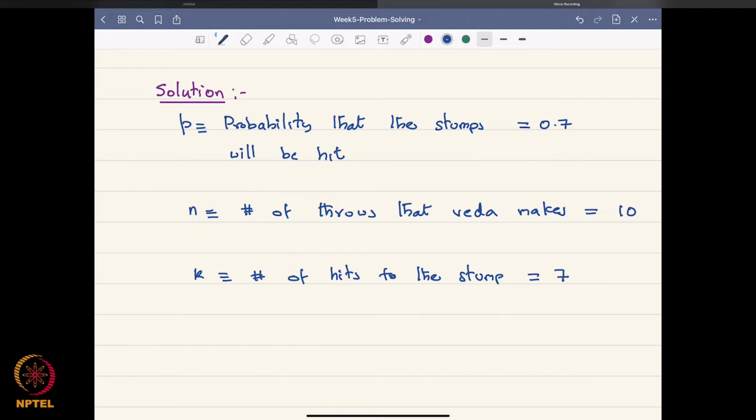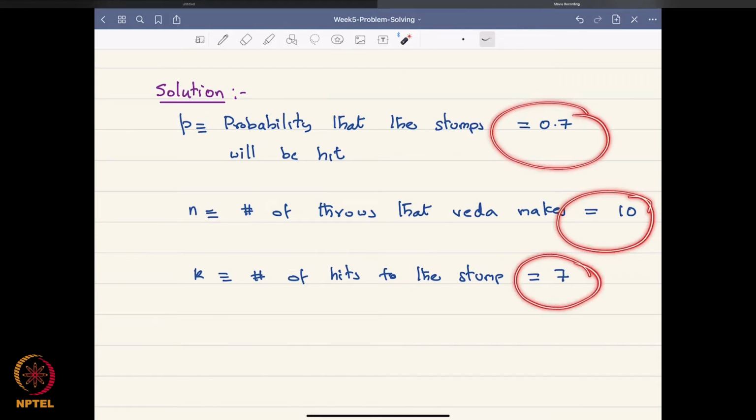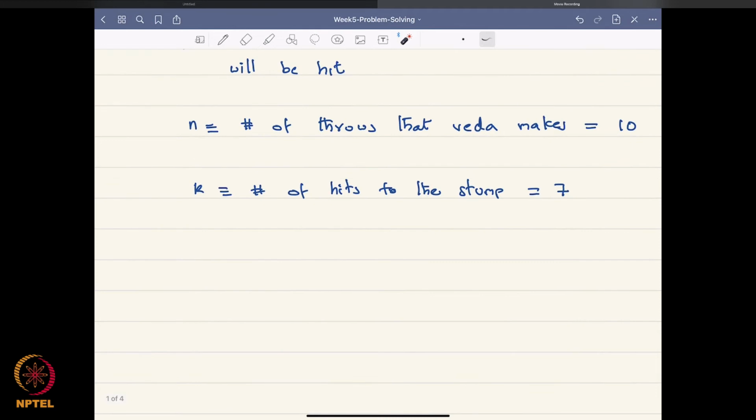So the way we would model this is that P is the probability of success, n is the number of trials, and you want 7 successes in 10 trials, right? So you can model it by the binomial experiment. So the probability that Veda hits the stumps 7 times in 10 throws is equal to what? You have to choose the 7 throws where you hit, so 10 choose 7.